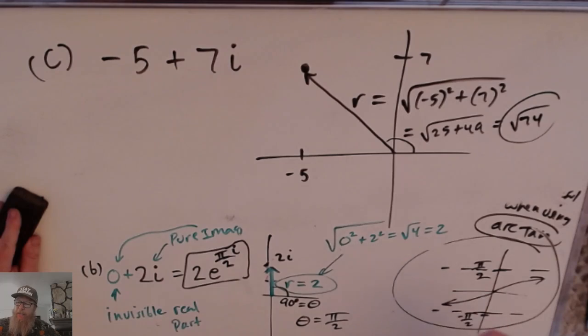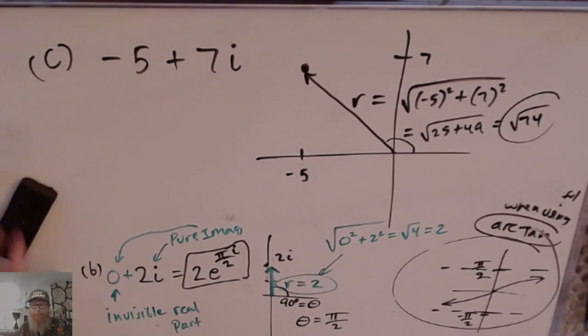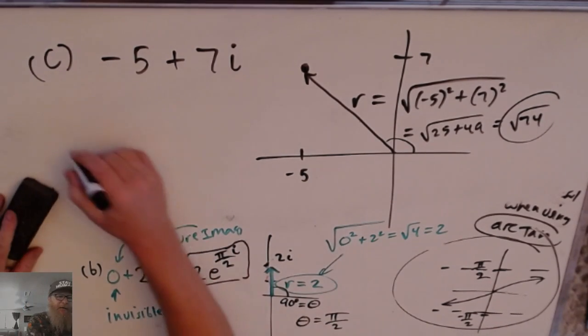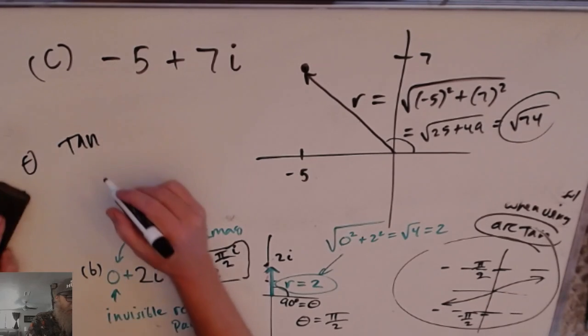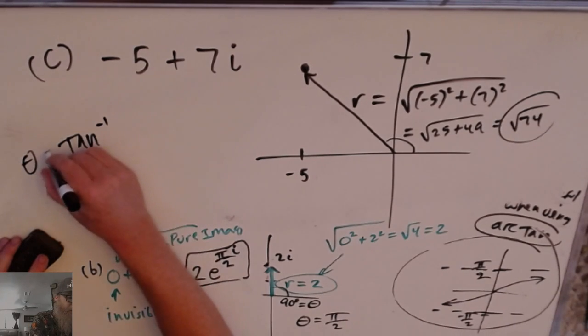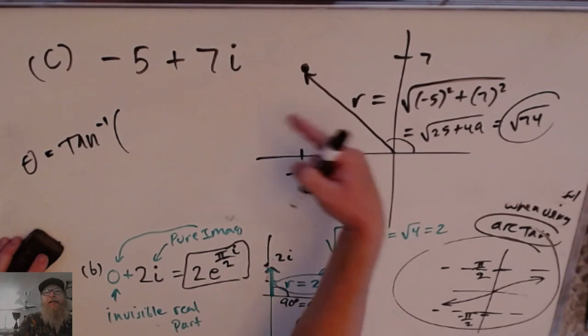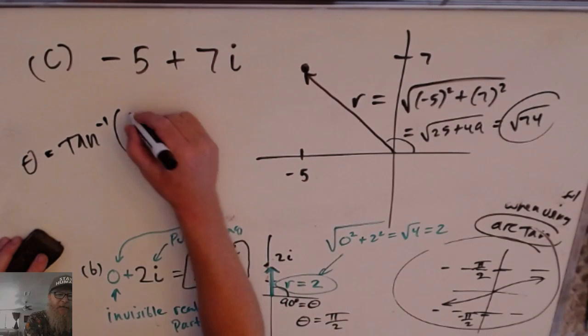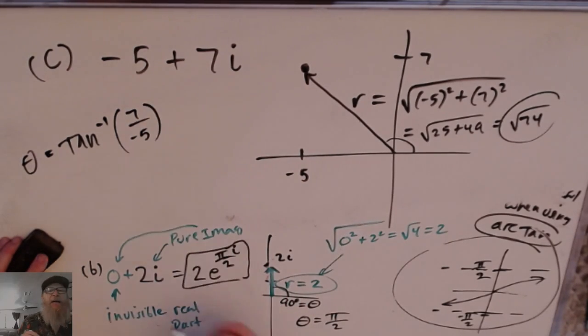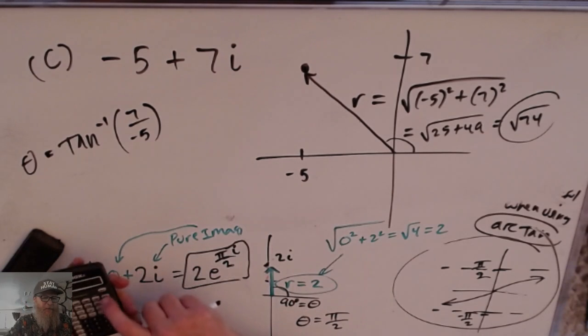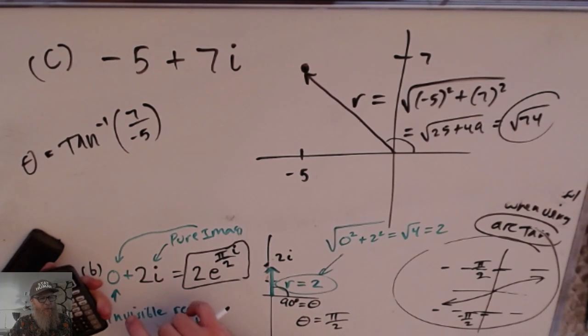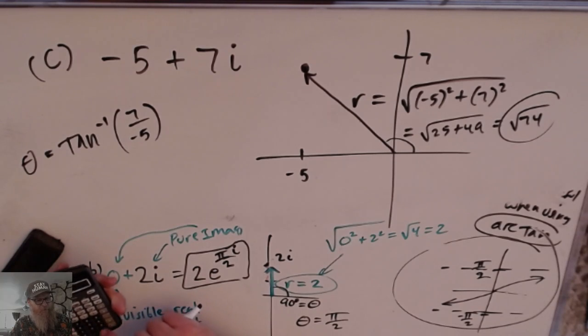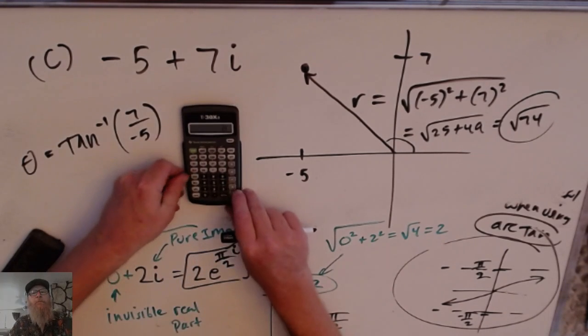And then our theta. Now this is where it gets weird, okay? So I'm going to go tan inverse. I'm not going to trust this because it looks like it's more than pi over 2. Tan inverse of 7 over -5, b over a. This time I am going to use a calculator. So I've got 7 divided by -5, that's -1.4.